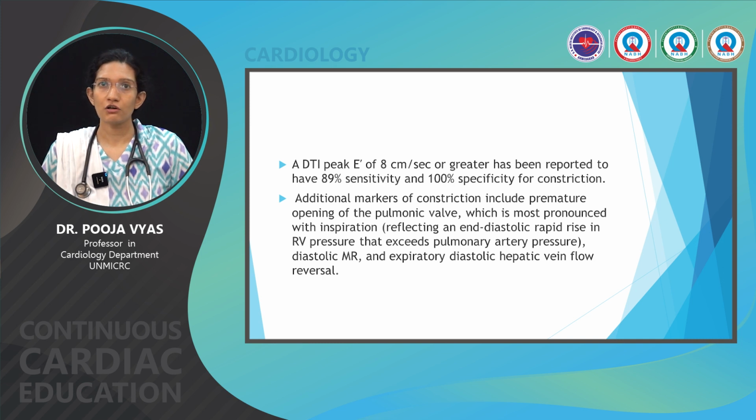Even on tissue Doppler, a peak E dash of more than or equal to 8 cm per second suggests constrictive pericarditis, which has almost 100% specificity.